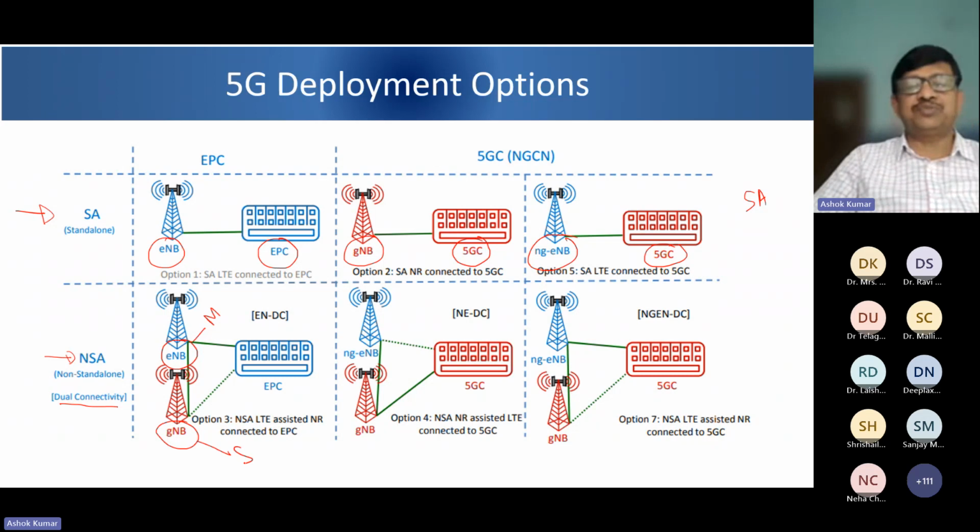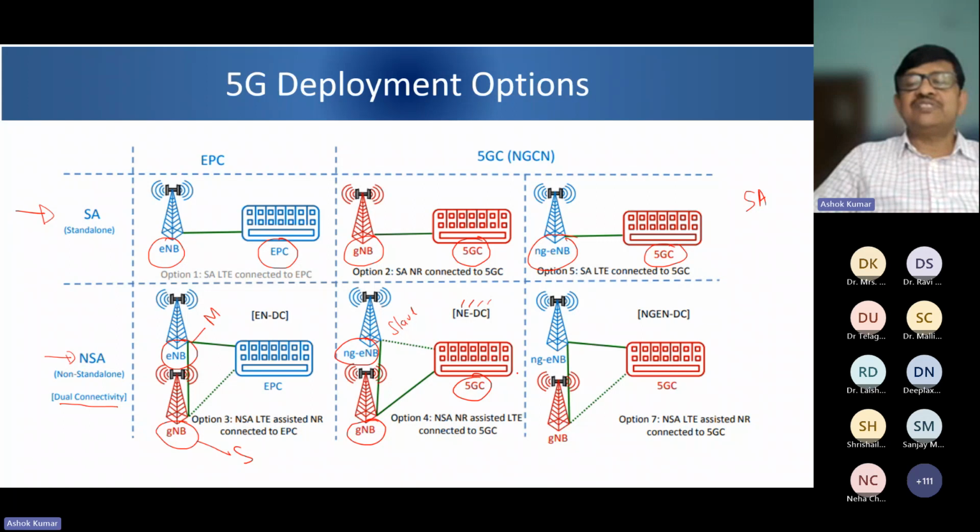So this is called option 3. In option 4, gNodeB is master, and we have a 5G core here, and eNodeB is a slave. So that's why we call it NE-DC: NE is new radio, the master one, E is E-UTRA, and dual connectivity.